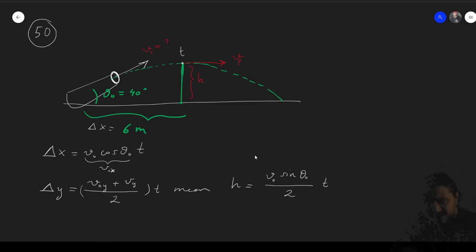Now this equation also has two unknowns, which are v naught and t. But remember, we had another equation like that, so maybe we could use these equations together to solve for h by eliminating t. Here we have t equals delta x over v naught cosine theta naught.